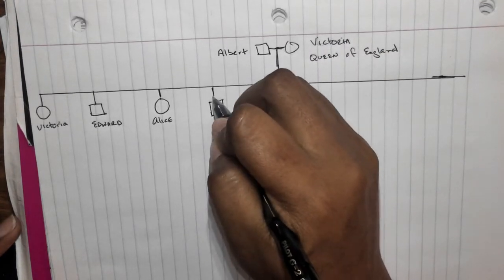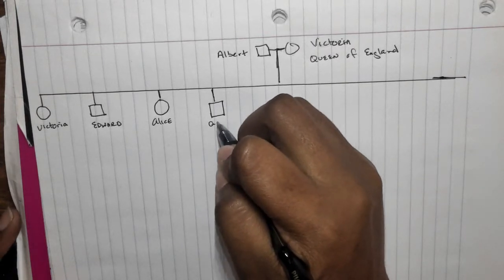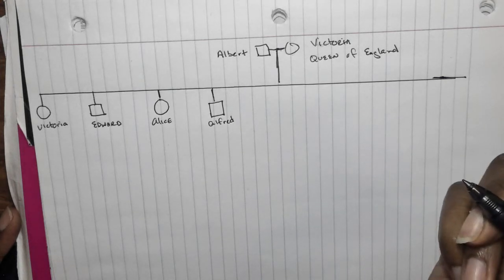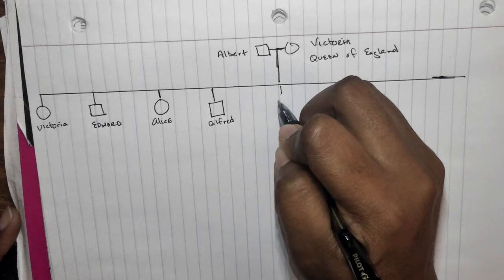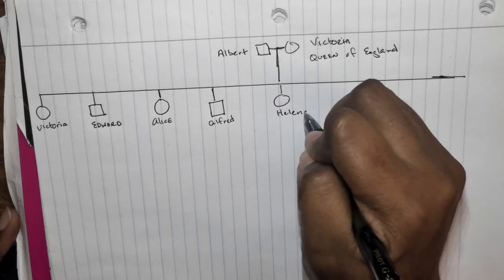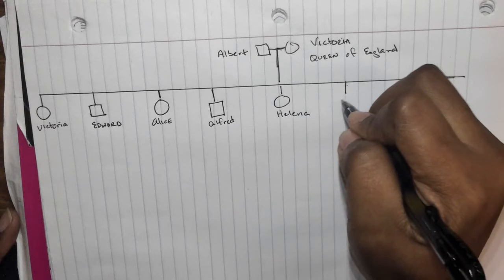We've got another one. His name's Alfred. Then, got another one. Helena. Then another one.